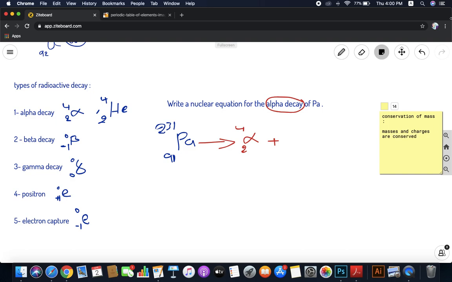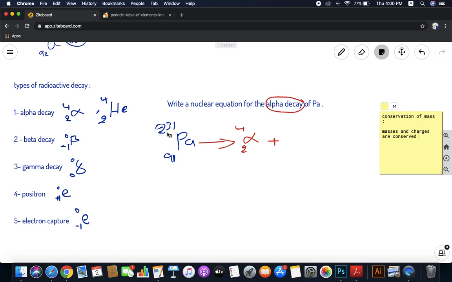What do you mean by conserved? If you remember, when we balanced the chemical equation, we checked the number of atoms and the charges. Here you have to check the atomic masses and the charges, meaning 231 is the atomic mass for the reactant, so the total atomic masses for the products should equal 231.